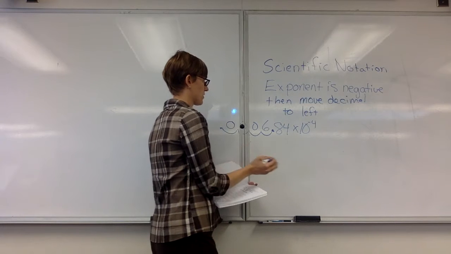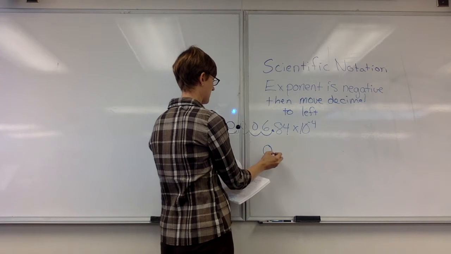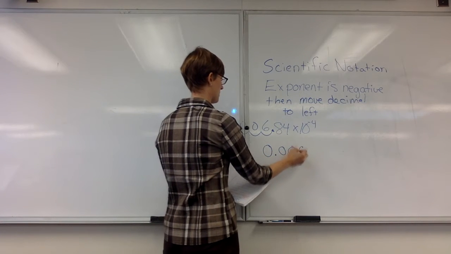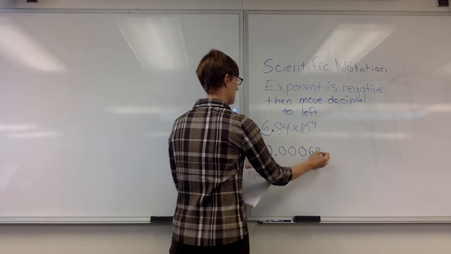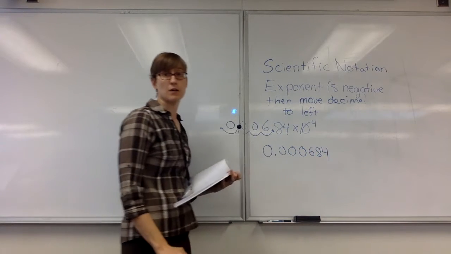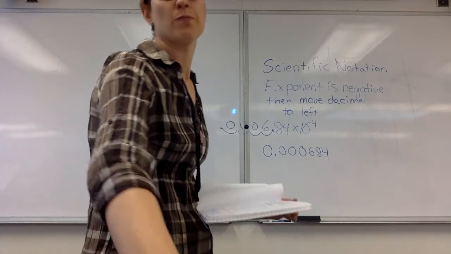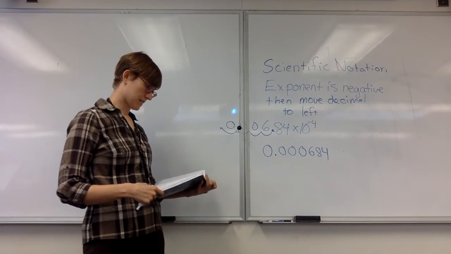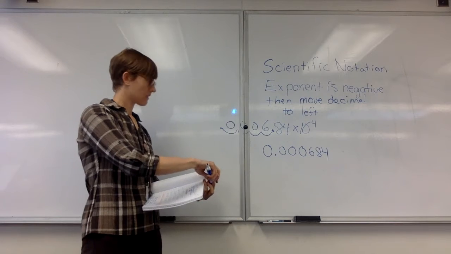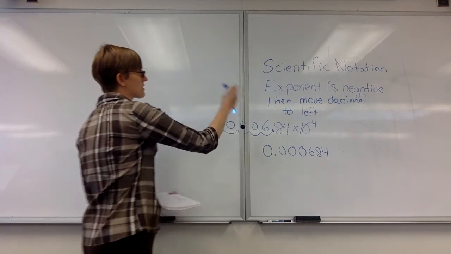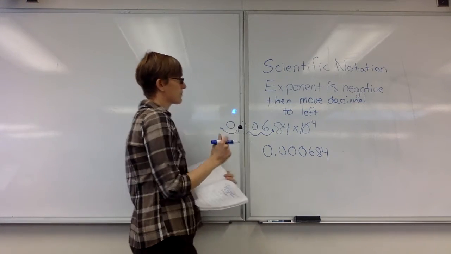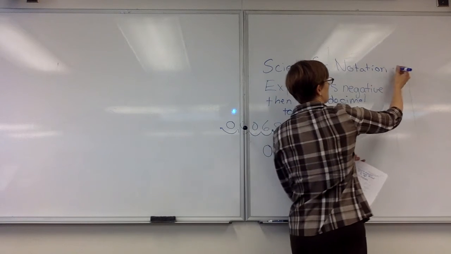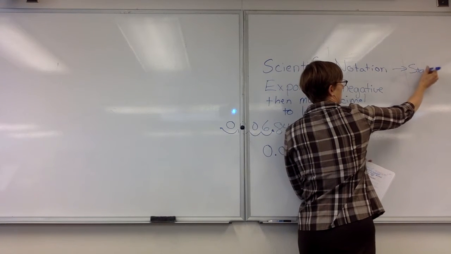And put my new decimal there. So I'd have 0.000684 would be the number that is equal to. Hopefully that's making sense. So this is when we use these rules when we're going from scientific notation to standard notation.